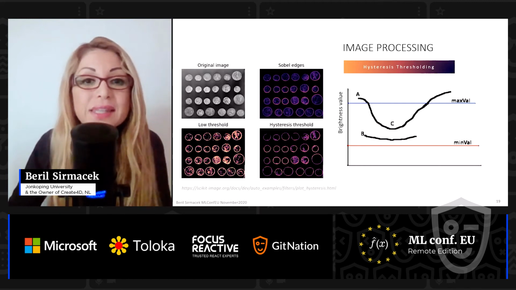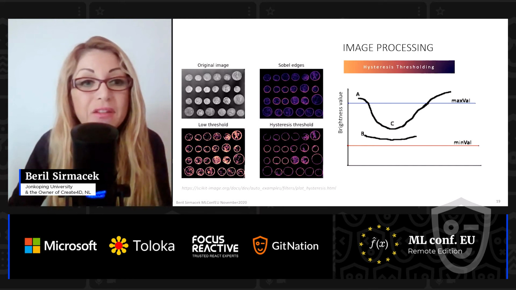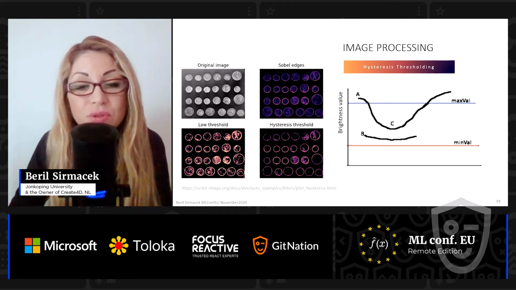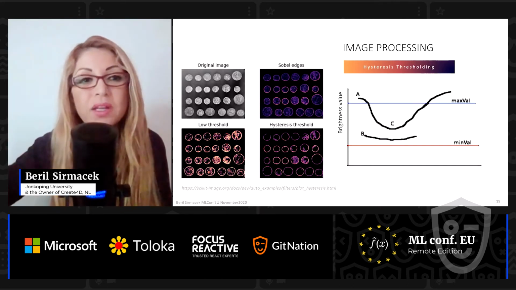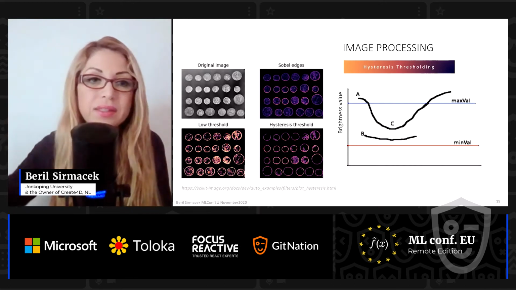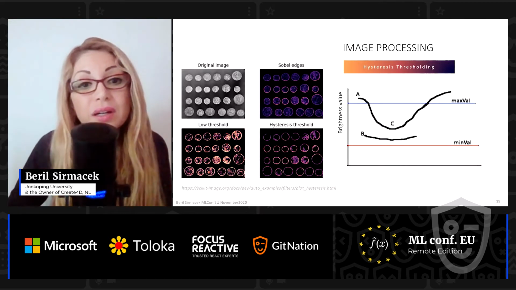However, if some parts of the connected pixels have brightness values higher than the high threshold, then we assume the whole connected segment, even though some of the places were darker, as one edge together.